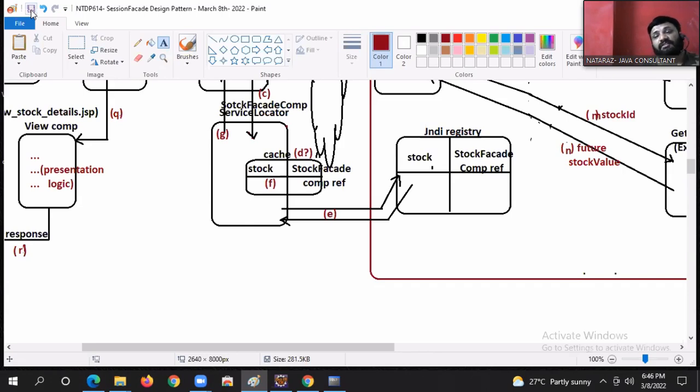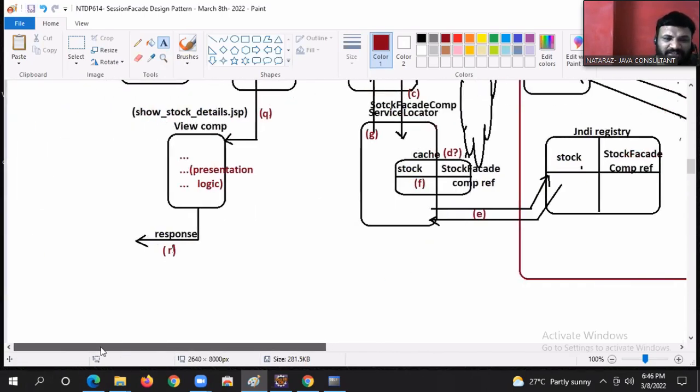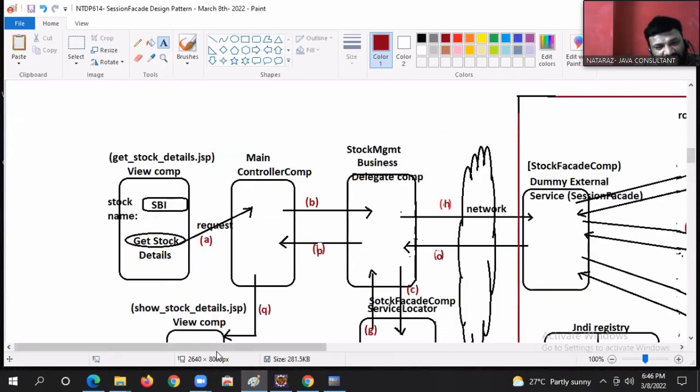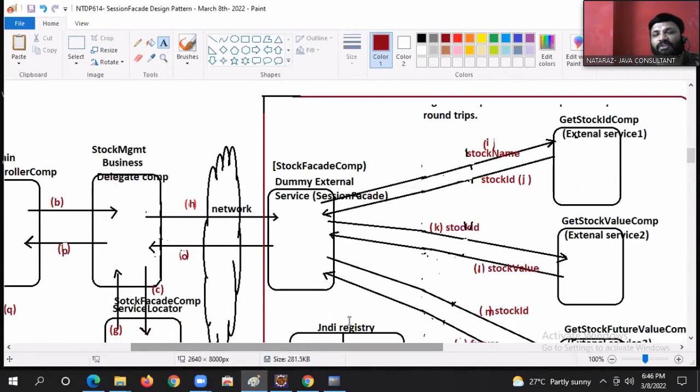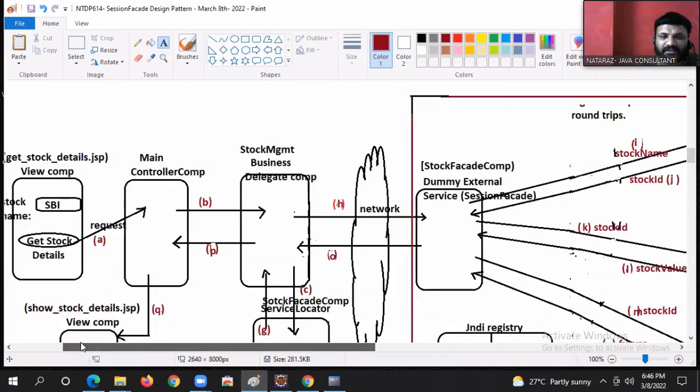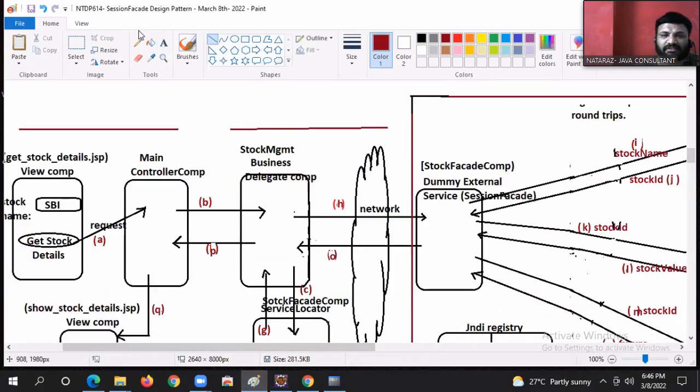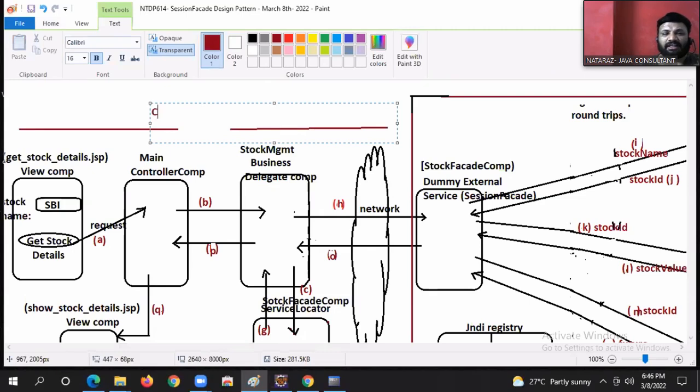This is nothing but an example application on service locator and SessionFacade together. I think you thoroughly understood, guys. This is the client application side, like sharecon.com.